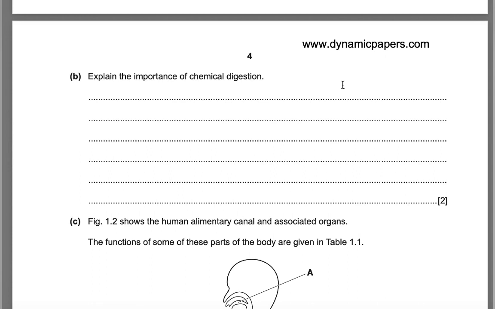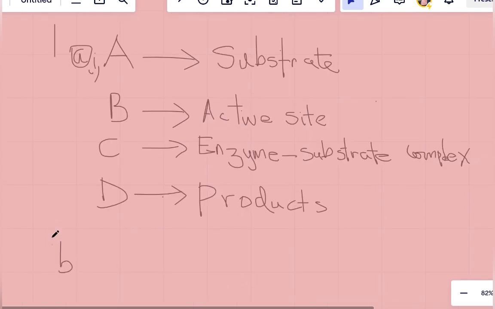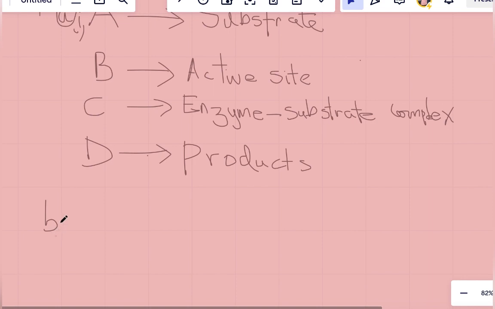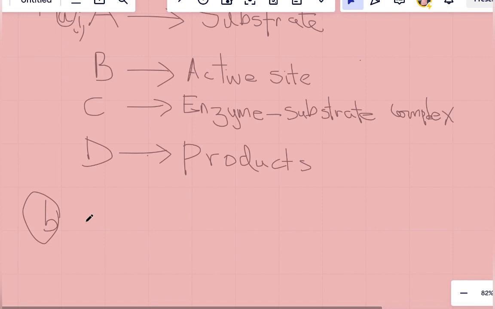That's the first one. It's 2 marks, right? We can give 2 points, except they mention how many we should give. So chemical digestion helps us to get smaller soluble molecules.